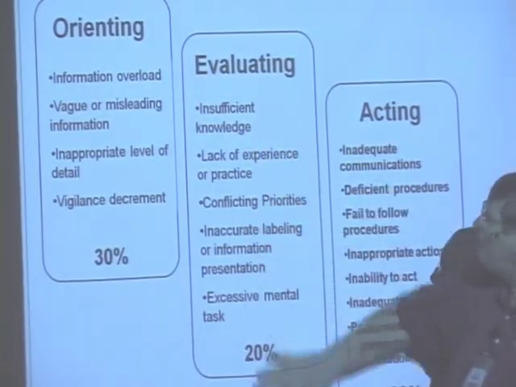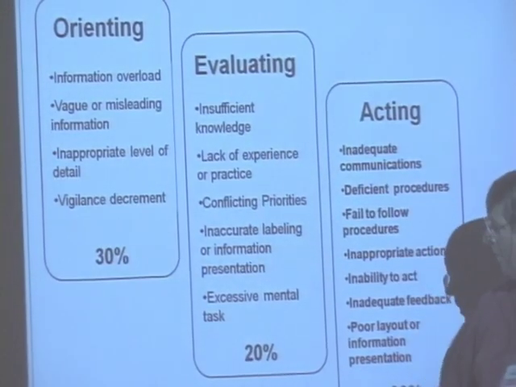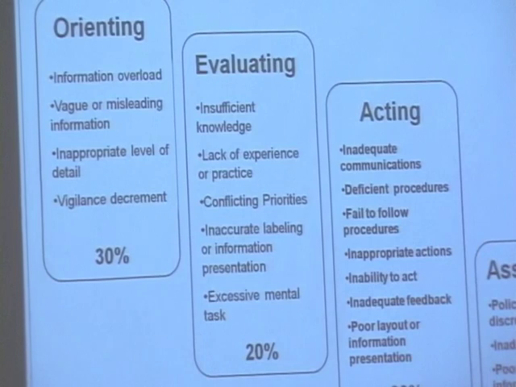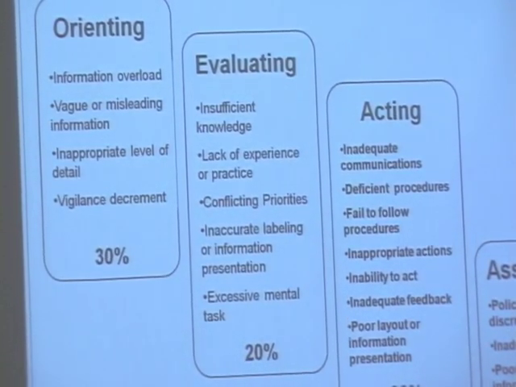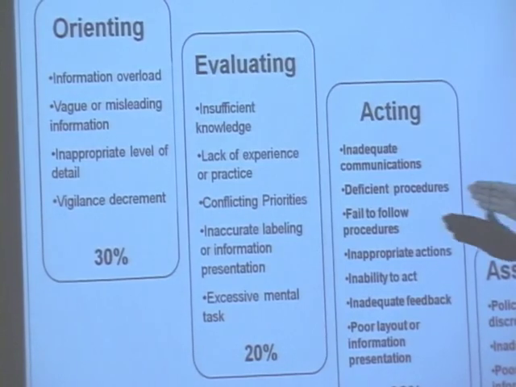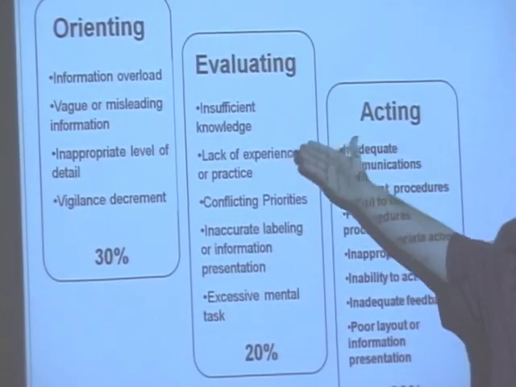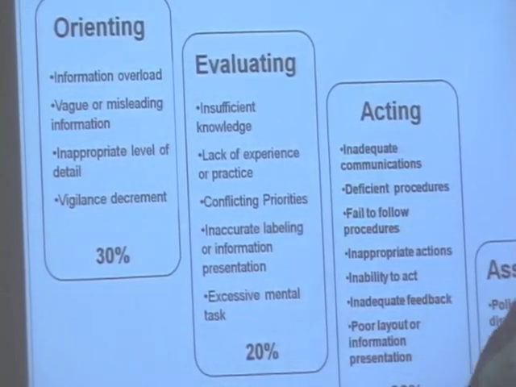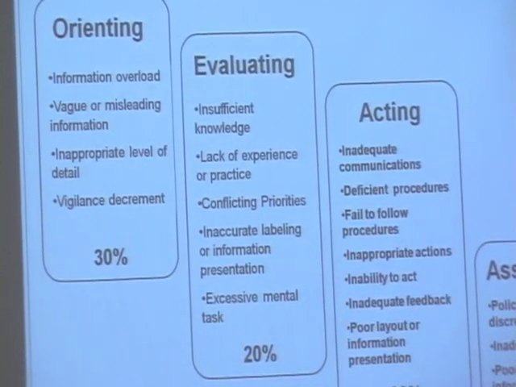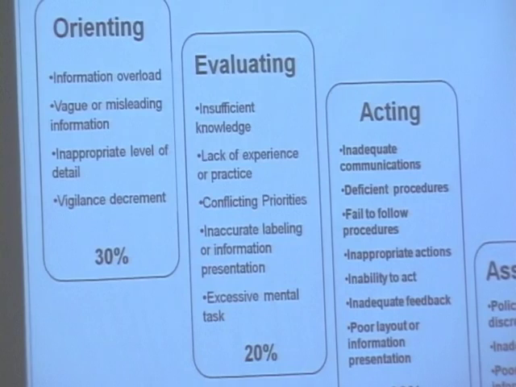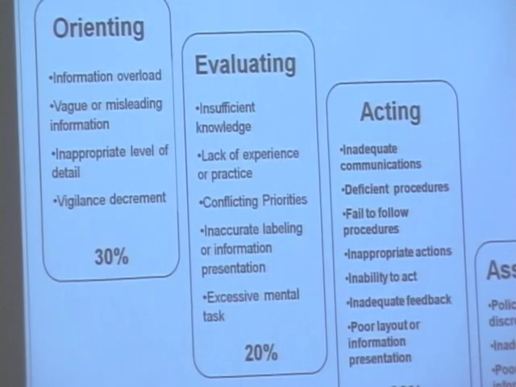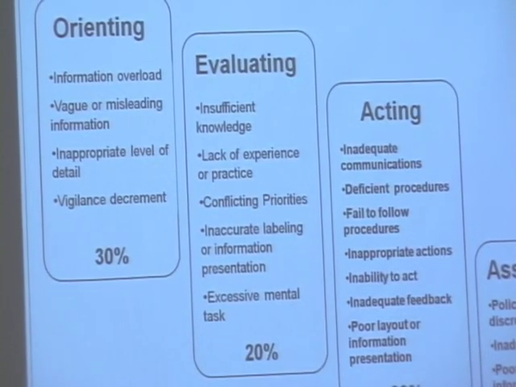In that evaluation stage, we found another 20% of incidents were focused in this particular area, and the main causes were insufficient knowledge, lack of experience or practice. And again, a lot of you told me this week that new operators haven't seen many of these things, so you don't get a chance to get exposed to them because the plants generally run well.